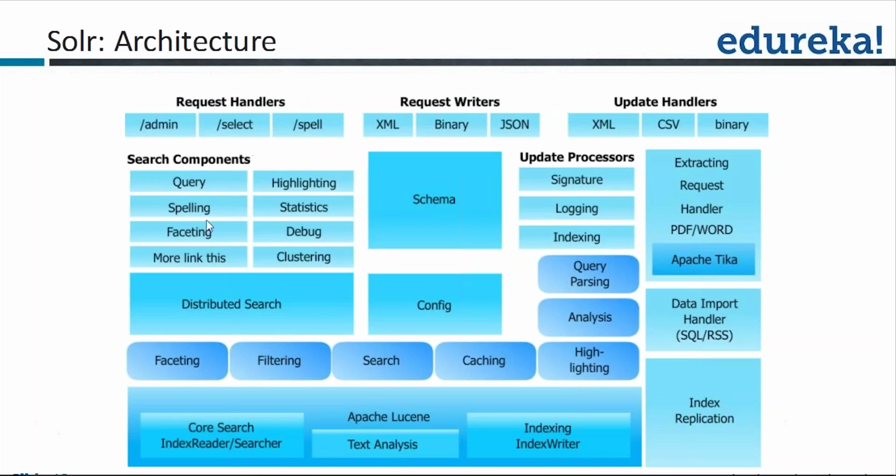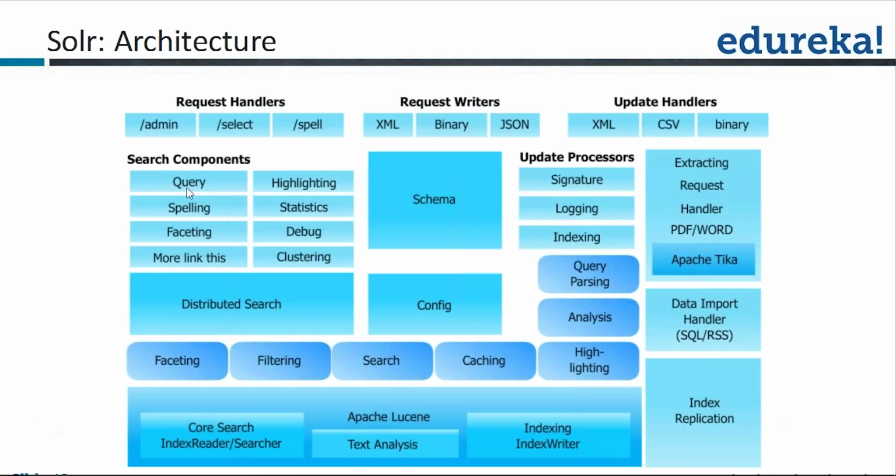So these search components also form a part of the request handler. They can be used individually as well, and accessed individually. You have the configurations which are available to monitor and control the behavior of each of these search components. How would you want the query search component to behave? How would you want highlighting to behave?